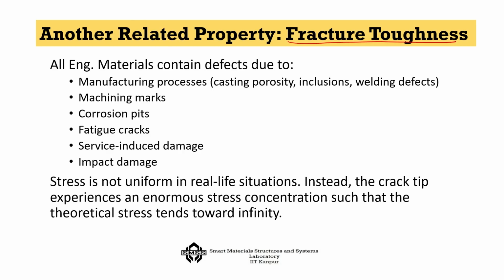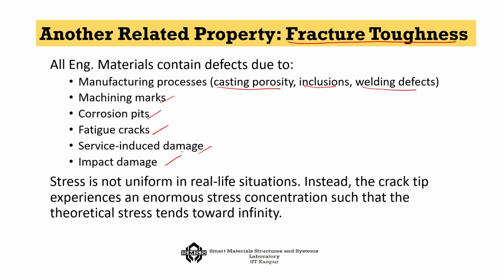All engineering materials contain defects, and that may be due to the manufacturing process. For example, casting can introduce porosity, inclusions can come up, and there are welding defects always. Then there can be machining marks on the system, corrosion pits, fatigue cracks, service induced damage or impact damage.